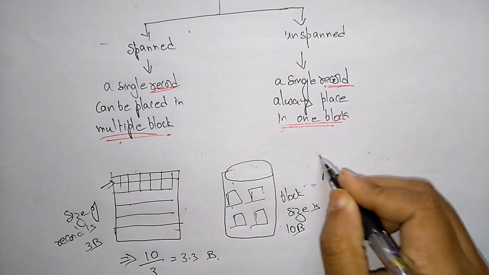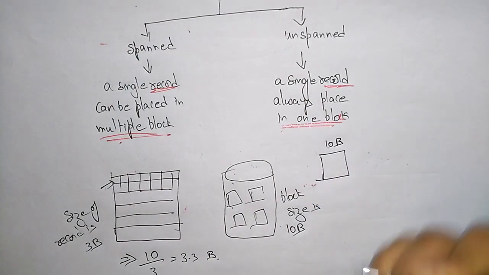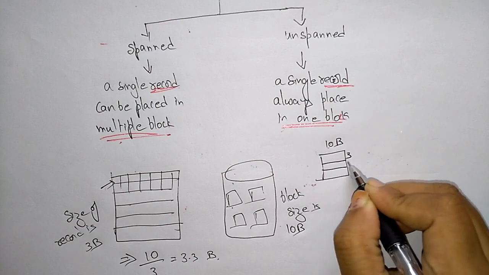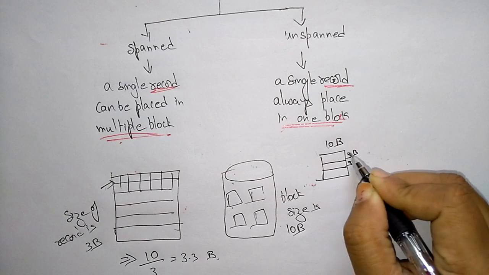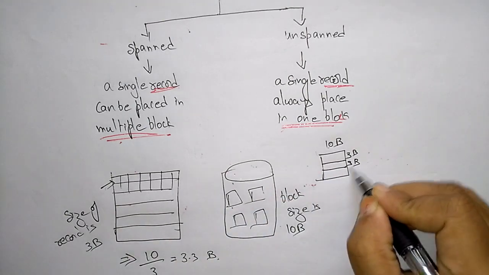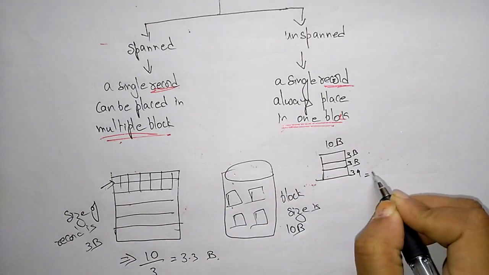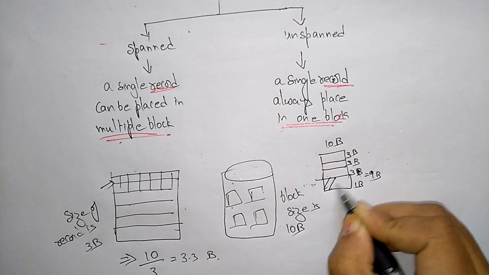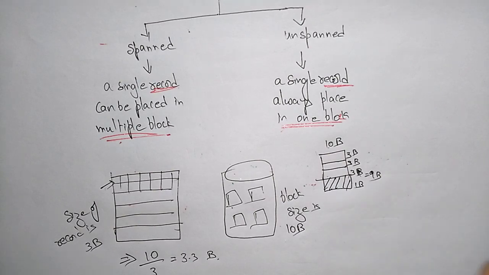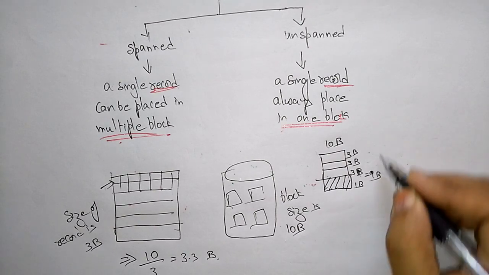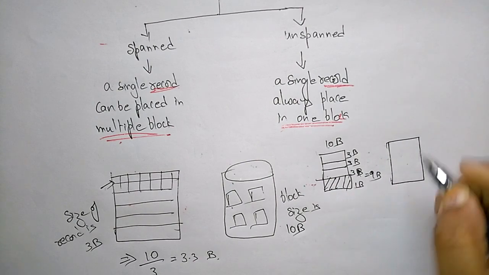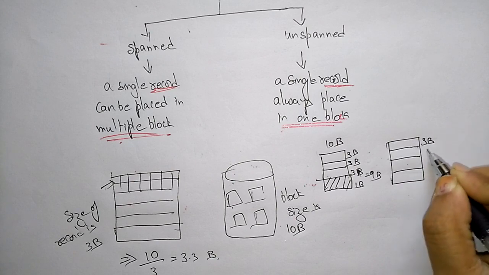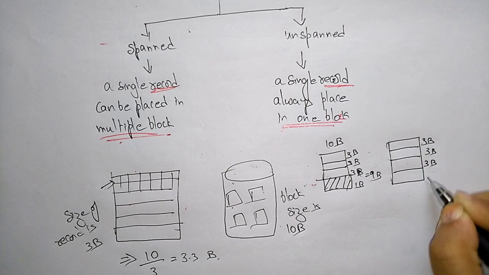Each block size is 10 bytes, so I can store up to 3 records, each 3 bytes. 3 bytes, 3 bytes, 3 bytes, so a total of 9 bytes is used, and 1 byte is remaining in one block. So the block holds 3 bytes, 3 bytes, 3 bytes, and 1 byte free.